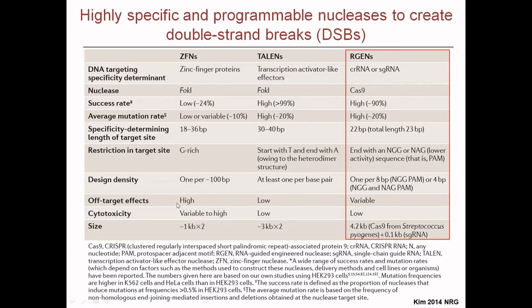Off target effect is almost similar in all the cases. Cytotoxicity is more in ZFN and it is low here. So if you see, this is CRISPR, it is 20 and it is easy to handle. So it is becoming very popular globally. And a lot of things are being done nowadays that we will discuss in the following slides of this presentation.